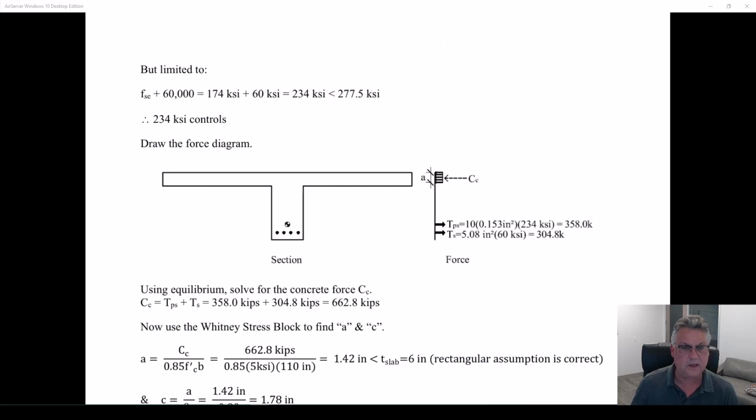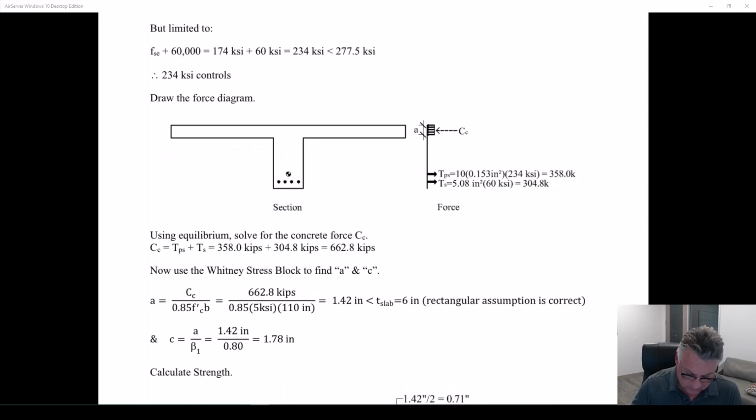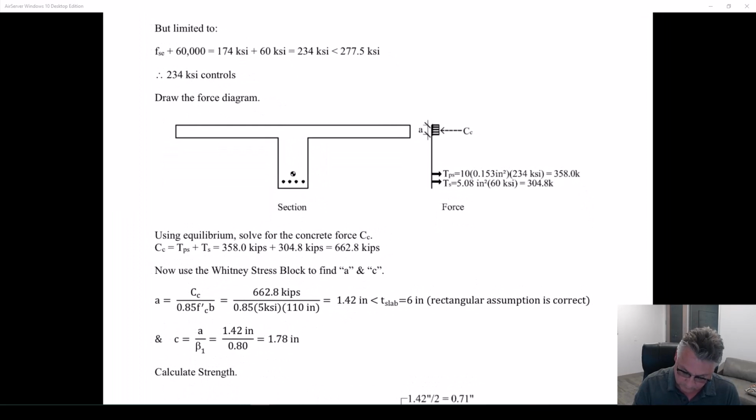So we really can't use 277.5. We will have already ruptured that strand. So back to the force diagram. Draw that force diagram. The only difference is we have this huge T-section now.